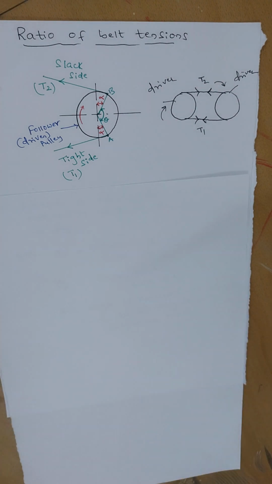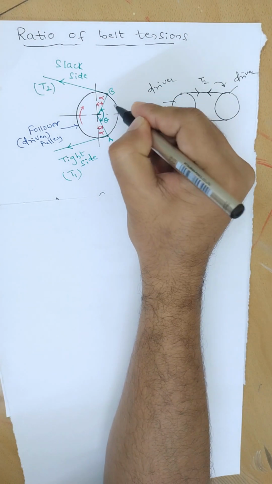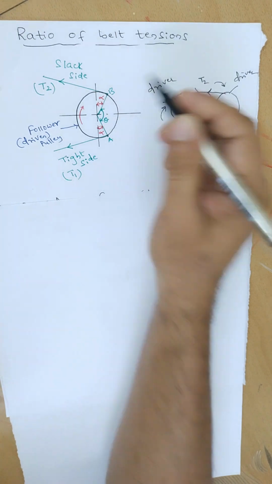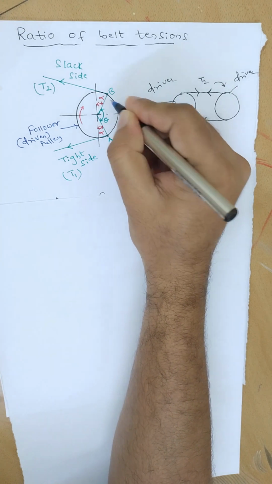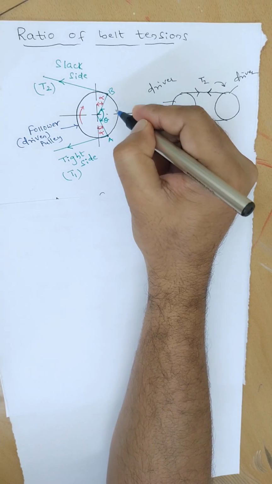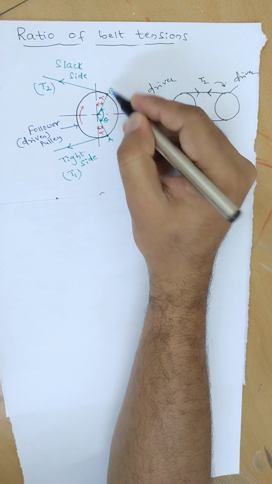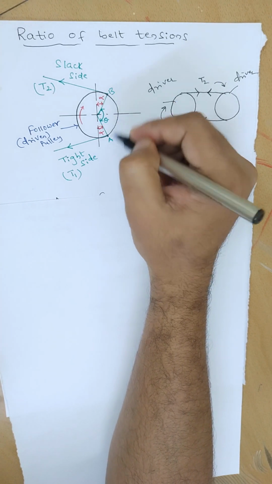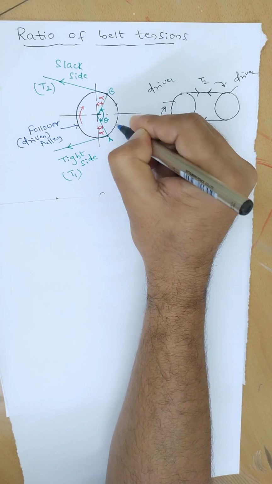Now we will make some construction here. We will consider only a small portion of the belt. First I will consider only a small portion of this part AB. We will derive the equation for this portion, then after integrating we will get the tensions in AB. So consider a small portion P and Q here.